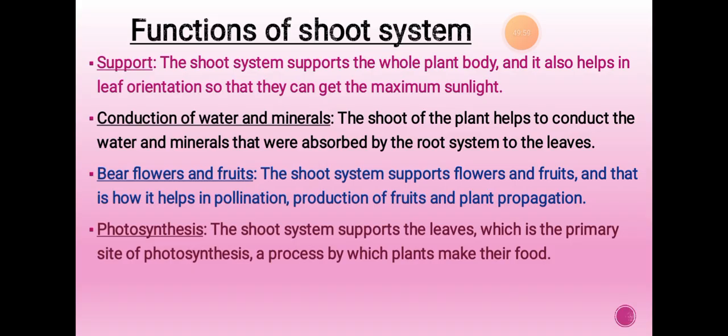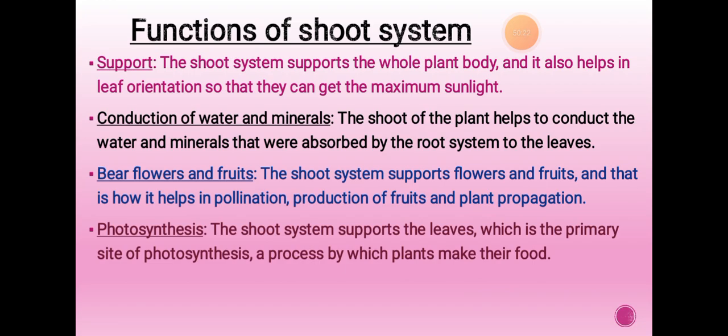Then we have conduction of water and minerals. Conduction of water and minerals is a very important part. Wherever you go, even in the root, even in the shoot, you're going to get conduction or absorption of water and minerals. The shoot system of a plant helps conduct the water and minerals that were absorbed by the root system to the leaves.